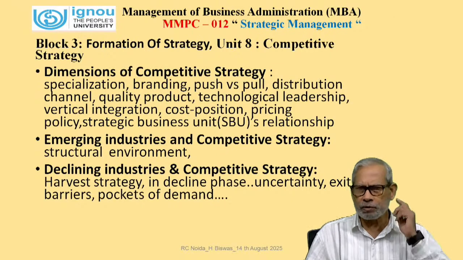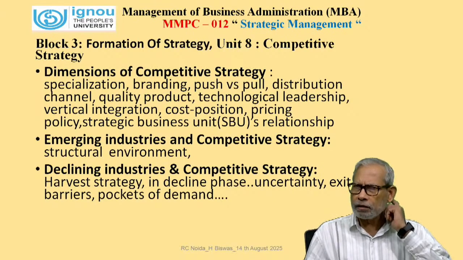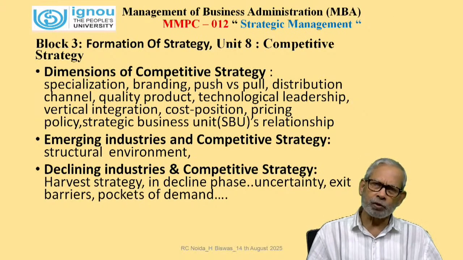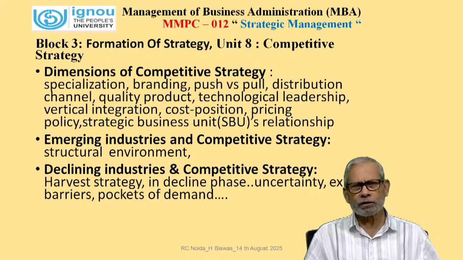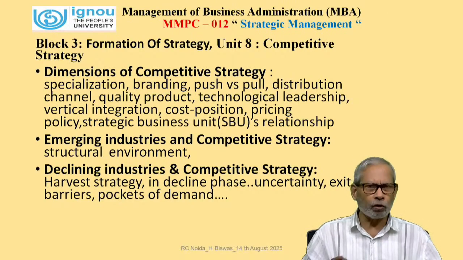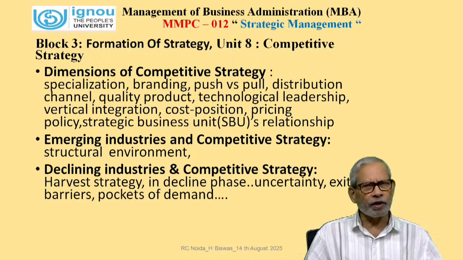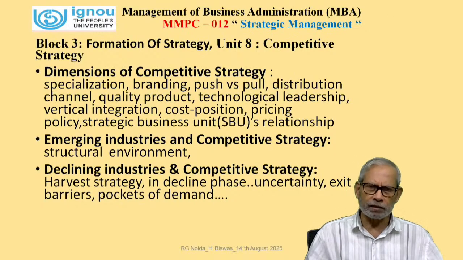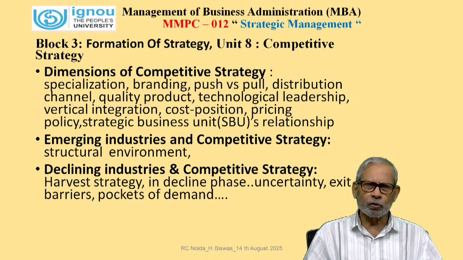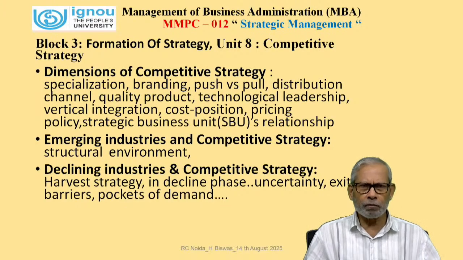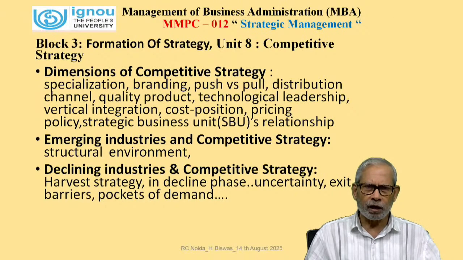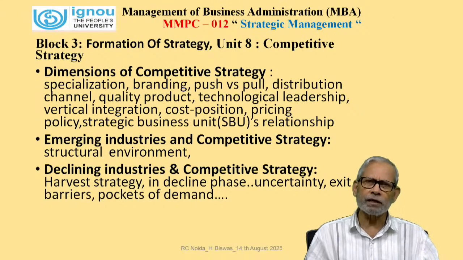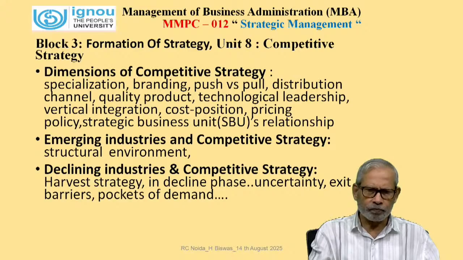Suppose sometimes the strategy is not only about a new project; suppose existing projects are there, maybe some problem is going on, or the question is, shall we stop the business or not, or can we start afresh with a new product launch dimension. So there are so many aspects. So declining industries are also important, where you have to decide the competitive strategy part.